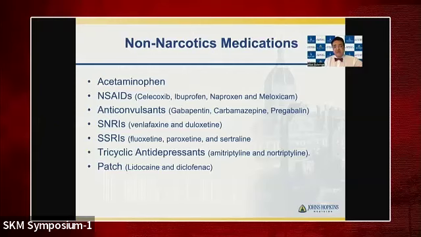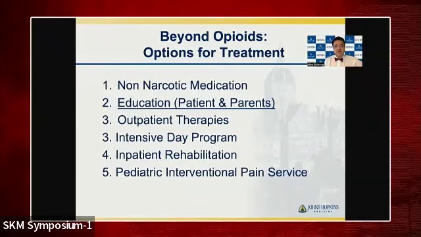We use anticonvulsants like gabapentin, carbamazepine, and Lyrica. We also use SSRIs and tricyclic antidepressants, and lidocaine patches and diclofenac patches if there are musculoskeletal pain issues. Another important thing is education.